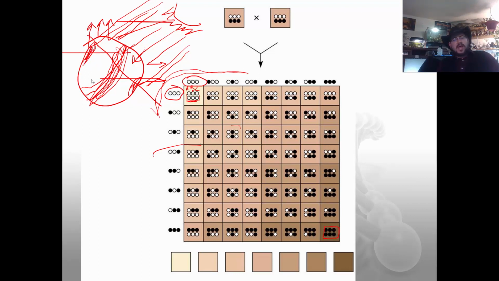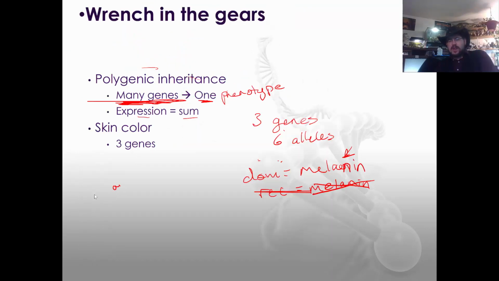Sunlight helps stimulate vitamin D production. At the same time, sunlight carries UV radiation that can damage your cells, can cause skin cancer. Melanin blocks UV radiation.